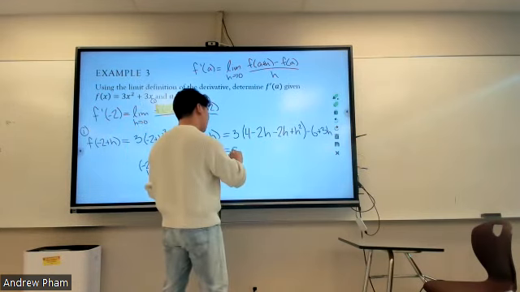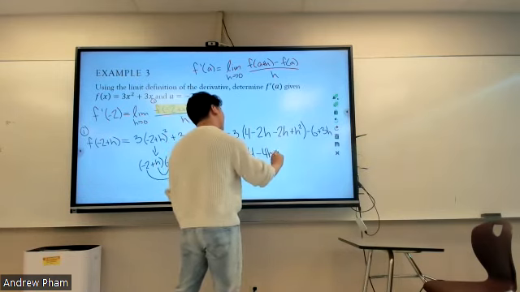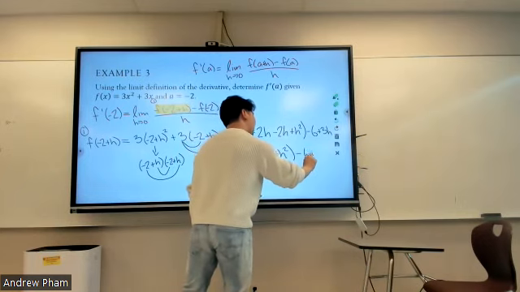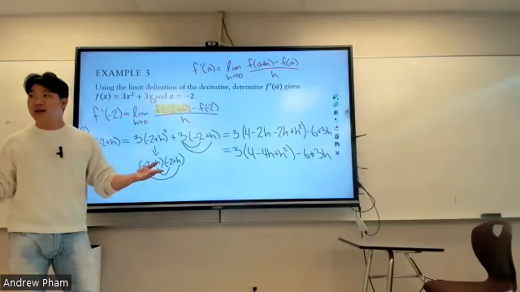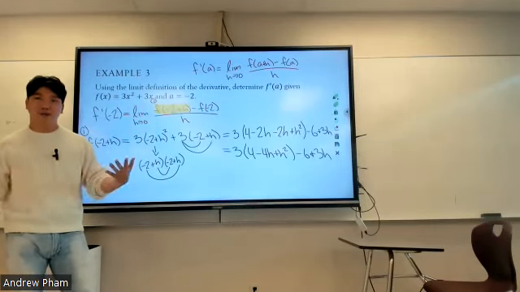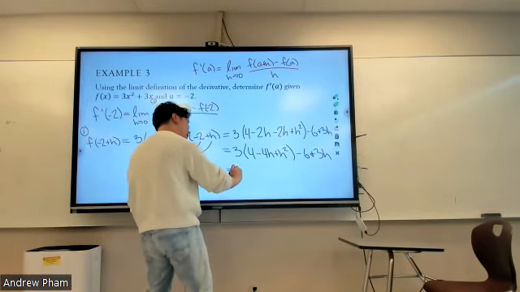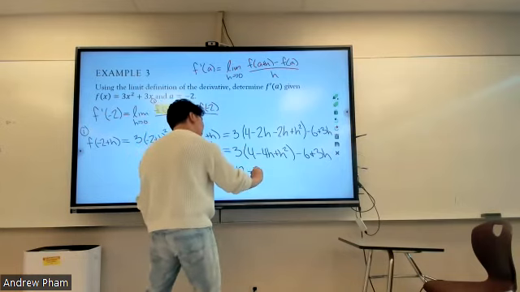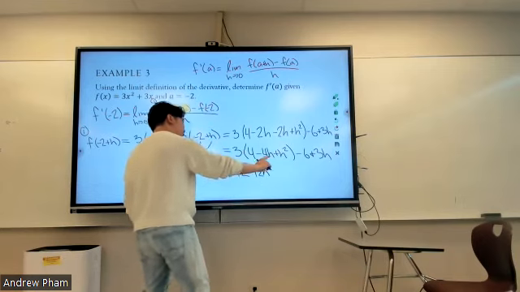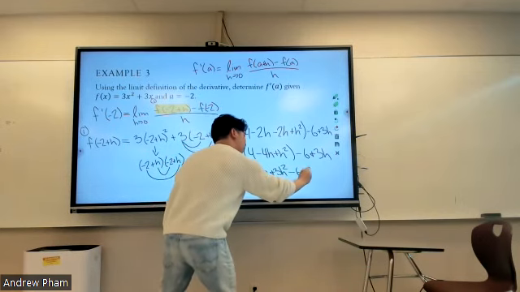If you want, you can do all of this in one step. -2h minus 2h, we get -4h plus h squared, and we still had this part at the end. And then we can multiply the 3 out. If you wanted, you could have multiplied the 3 out and then combined it. You would have ended up with the same thing one way or another. 3 times 4, we get 12. 3 times -4h, we get -12h. 3 times h squared, we get 3h squared, -6 plus 3h.